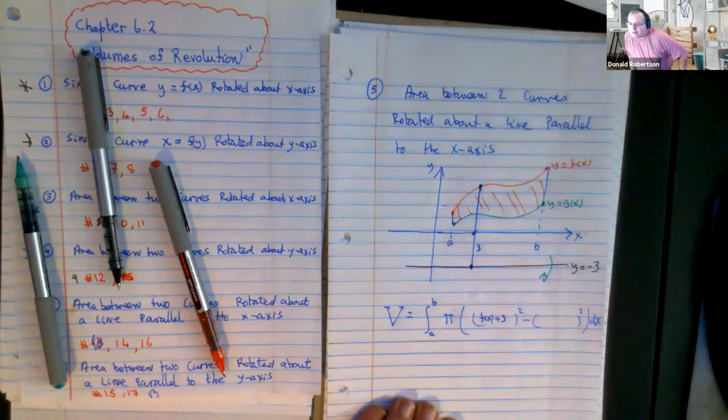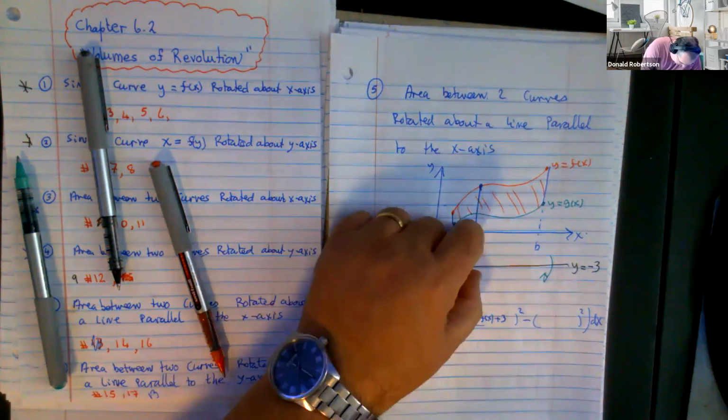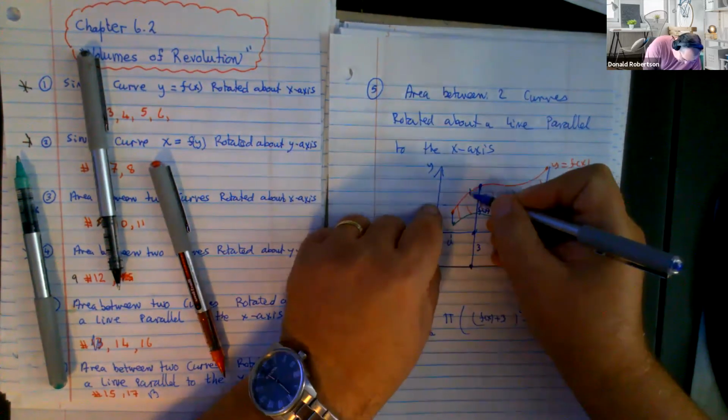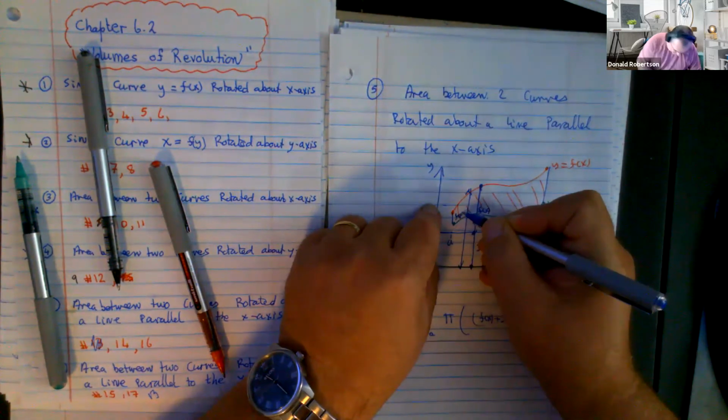Are you happy where the extra add 3 is coming from because of the axis of rotation has changed location? Are we okay with that? This is 3, this is f of x, so the whole thing from here to here is going to be f of x add 3.